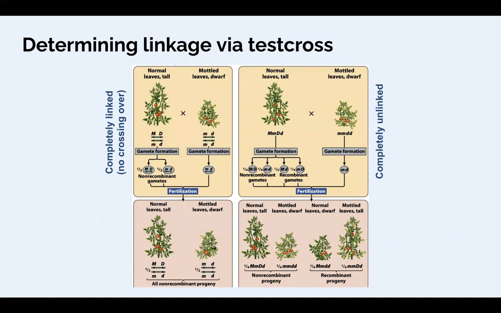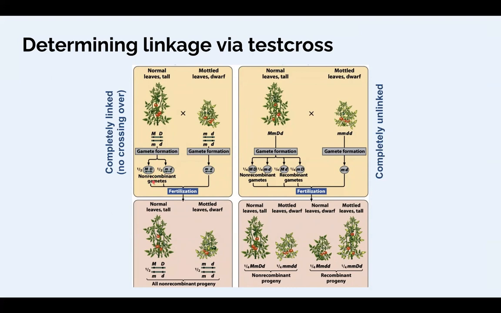So this example here from your book has a couple examples of what happens if there is no crossing over whatsoever. Then these two possible gametes are the only things that could be made by this parent here. So if there's no crossing over, then this heterozygous parent gives you a big M with a big D or little m with a little d. And that's a little bit simpler to work out.